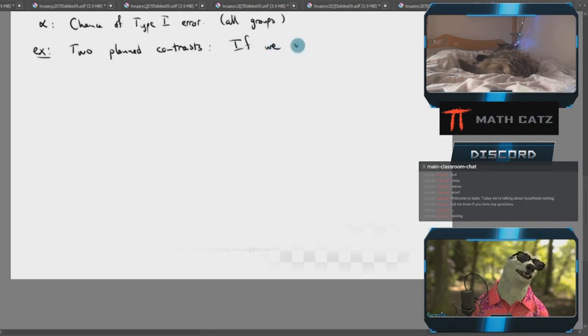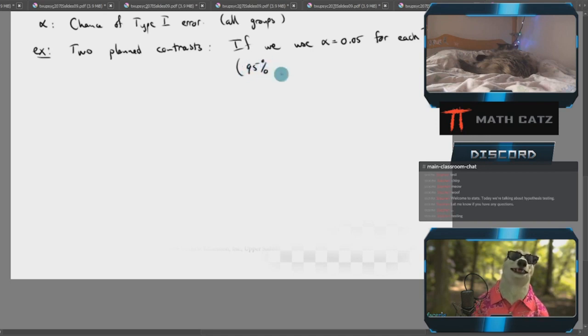Okay. So what happens if we use an alpha of, let's say, 5% for each of these tests? Remember what alpha means? It means that if the null hypothesis is true, we can phrase it in two ways. There's a 5% chance of making a mistake, or there's a 95% chance of making the correct decision.